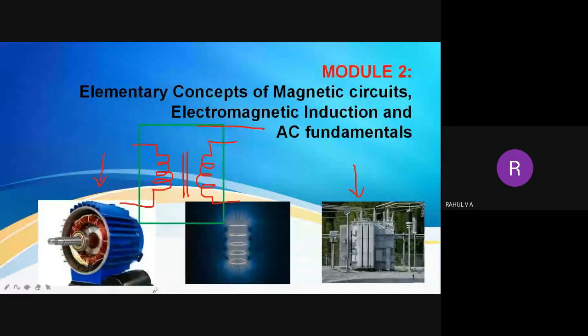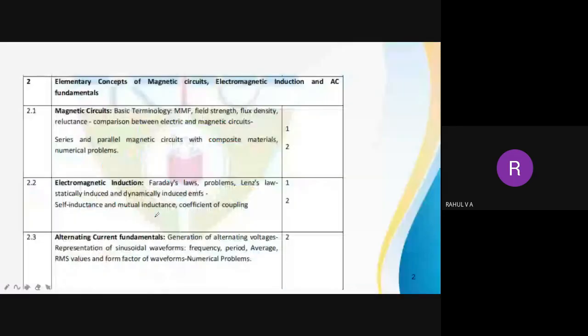Okay, so in this module, that is the second module of electrical, we are going to learn about magnetic circuit basic terminologies. You already know what MMF is, because it is there in your plus 2 or SSLC syllabus. What is MMF? Field strength, flux density, reluctance, comparison between electrical and magnetic circuit.